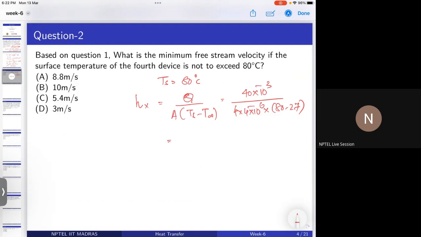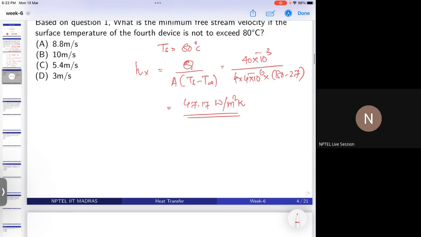So you will get around 47.17 watt per meter square Kelvin. Are you getting this? 47.2. Yes, sir. Okay.